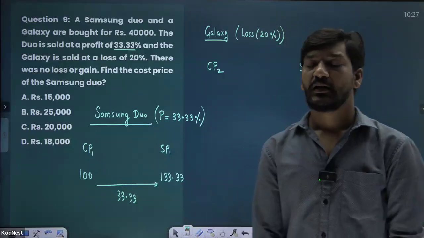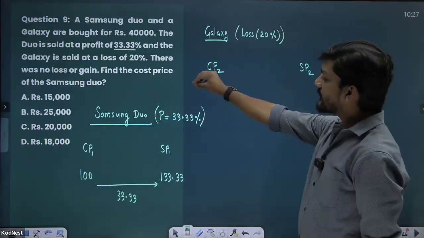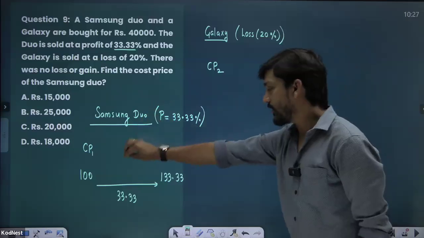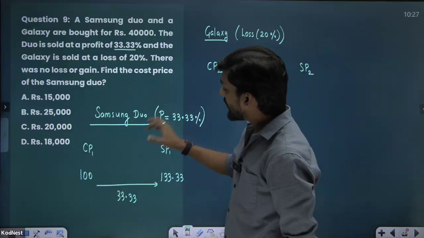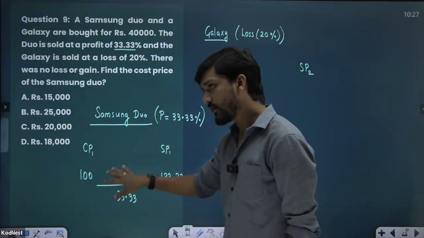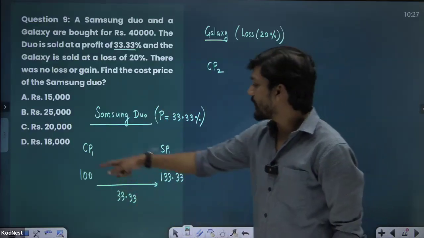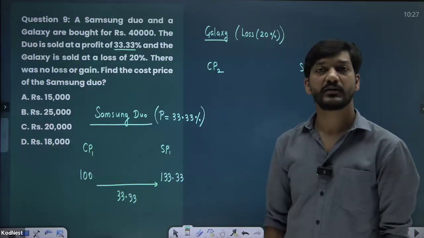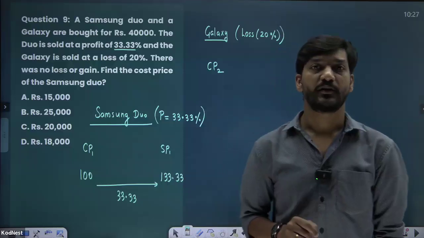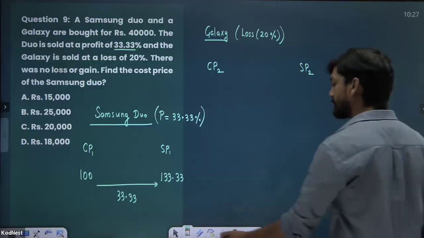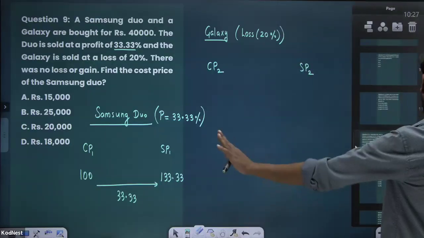No. I've told you, whenever there is an integer, no issues, take 100. But whenever there is a decimal, the thinking process will be easy, but the calculation will become difficult, because 100 plus decimal will be decimal. That is the problem. So we have to take care of the decimal. Carefully see, please. I'm saying don't take 100.